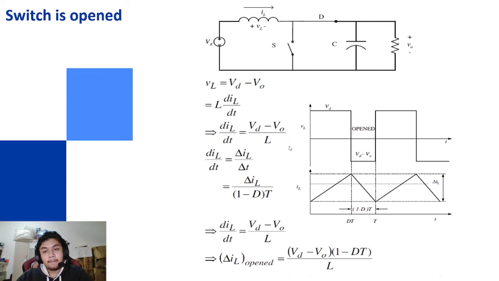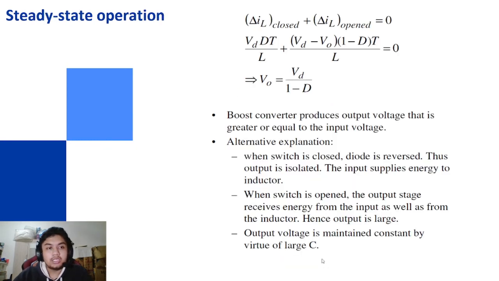So VL equal to VD minus VO equal to L dIL over dt. dIL over dt equals VD minus VO over L. And the total will be VD minus VO in brackets, times 1 minus D, T over L. Okay, so this is the calculation for steady state operation.